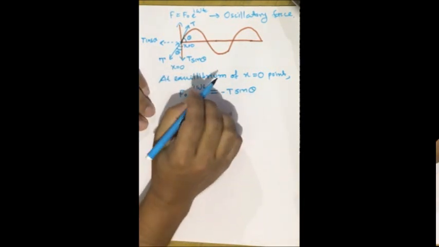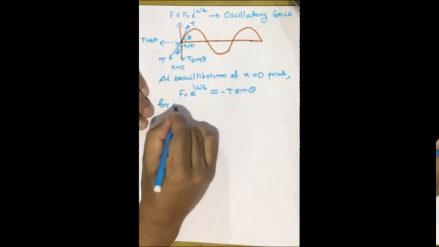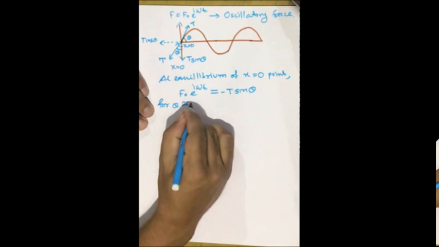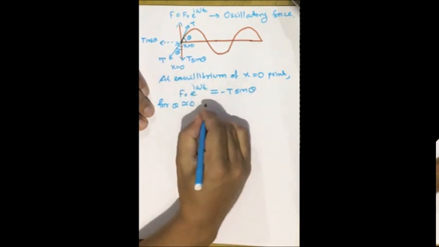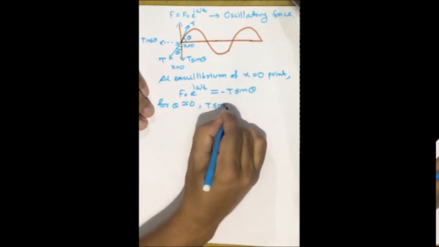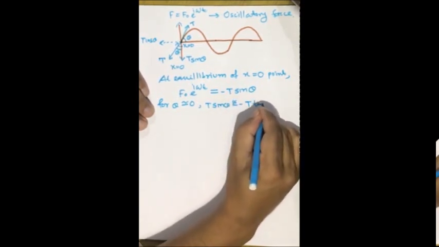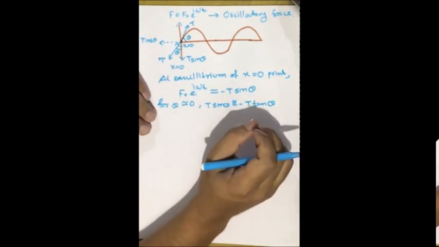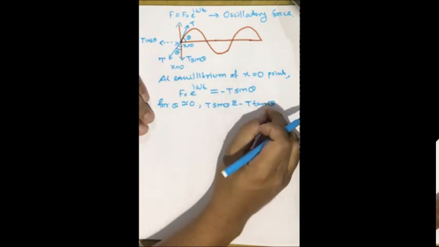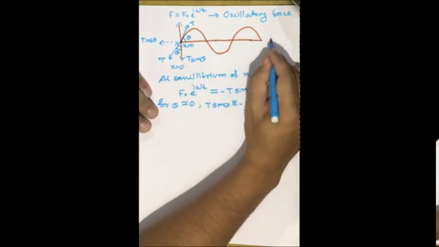So if the angle theta is very small, almost equal to 0, then T sin theta is almost equal to minus T tan theta. For a small angle, the values of sin theta and tan theta are almost equal, and we know that tan theta is nothing but the slope of a y versus x plot.